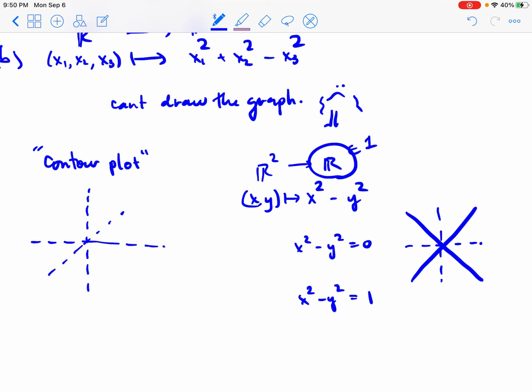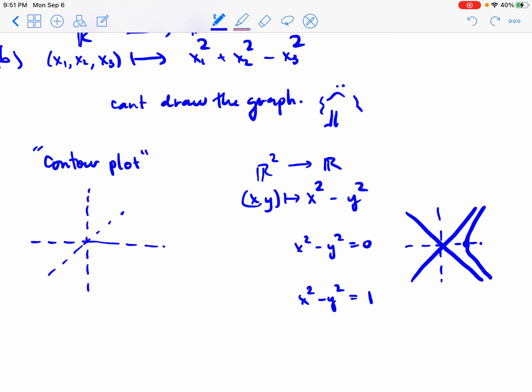Now, the number 1 is a real number. So the preimage of 1 are all the points that satisfy this equation. And let's see, if I plug in 1, 0, I get 1 squared minus 0 squared, and that does satisfy the equation.